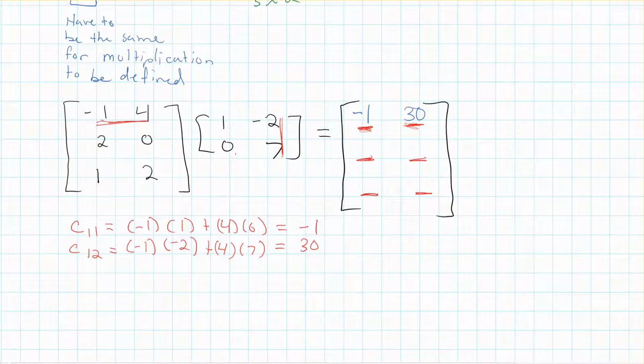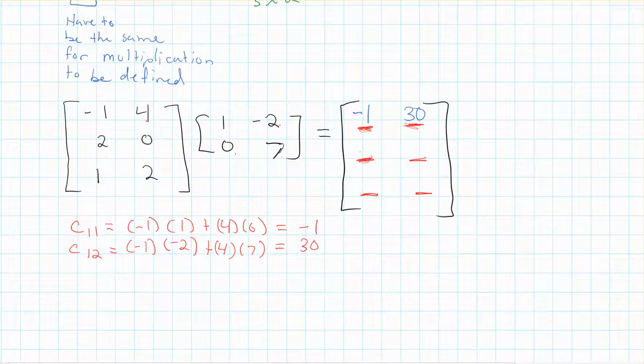Now we're just going to keep continuing on doing the exact same thing. So I'll erase these lines. And eventually you'll get used to this, so you don't even have to draw the lines. You'll just make sure that you're doing the correct ones. And so then if I do matrix multiplication here, I just like to do them in order, so I'm going to look at this one now.